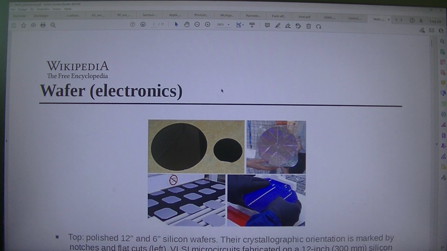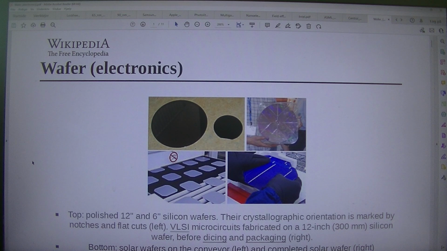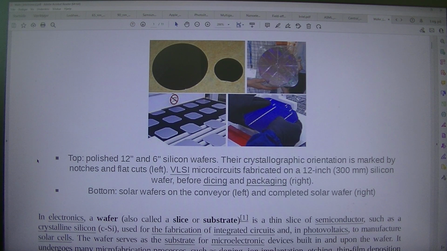Wafer, electronics. Top, polished 12 and 6 silicon wafers. Their crystallographic orientation is marked by notches and flat cuts, left. VLSI microcircuits fabricated on a 12-inch, 300mm, silicon wafer, before dicing and packaging, right. Bottom, solar wafers on the conveyor, left, and completed solar wafer, right.